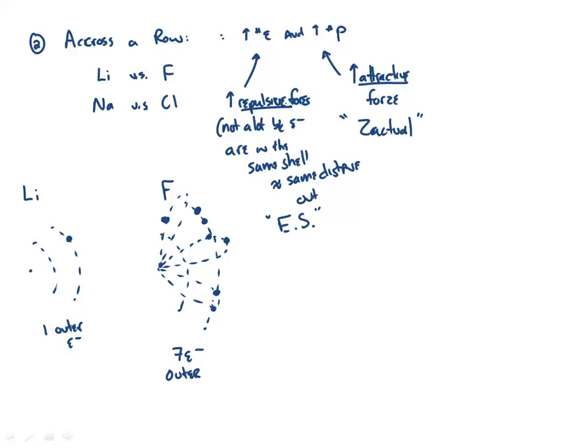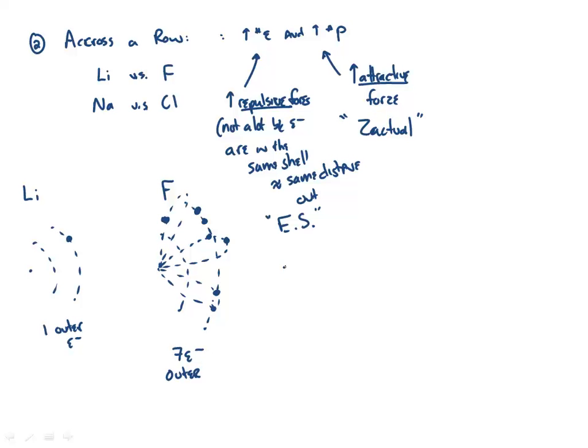Now, we know that at the same time, every time we add an electron, we should be adding a repulsive force, right? But remember, when we're adding the electrons, we add one on this side and one on this side. They're not really very close to each other. It's only those inner shell electrons that are in between the nucleus and the outer shell electrons.